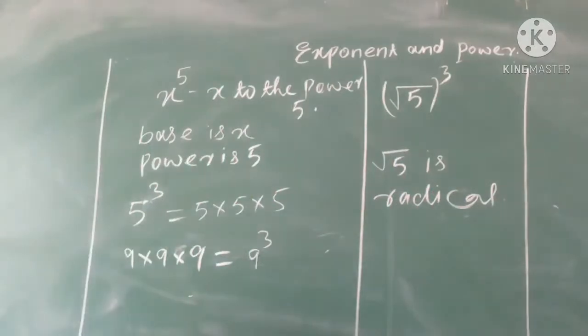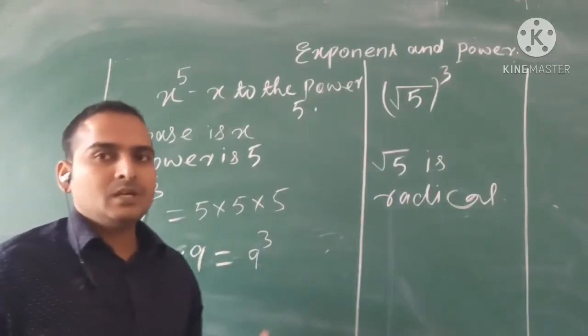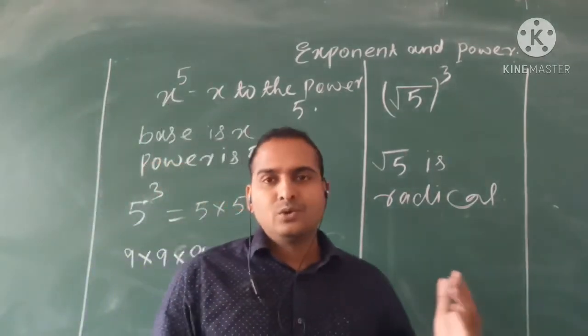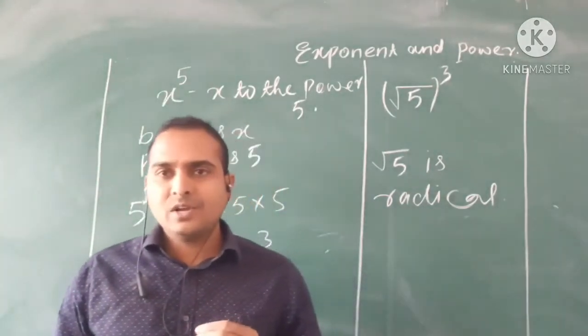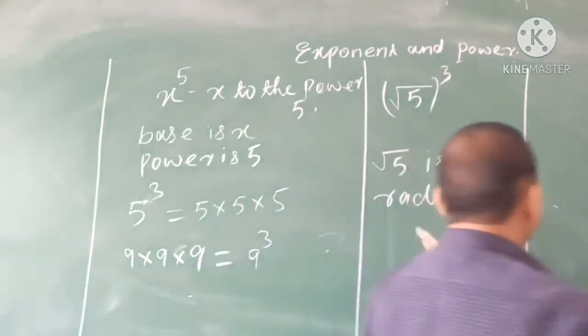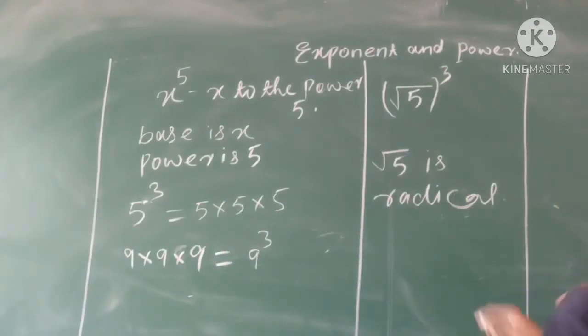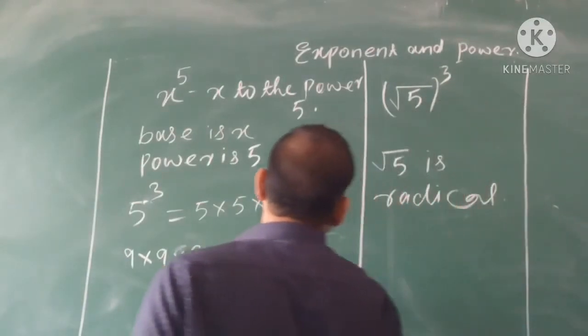Root 5 is radical. Now the new term is here, that is radical. Radical is that number which can't be solved to give an exact value. We cannot find the root of that number. That one is radical. That is root 5 is radical.